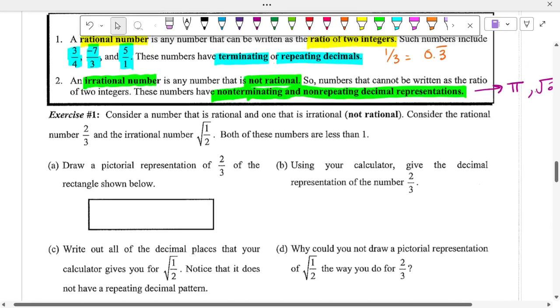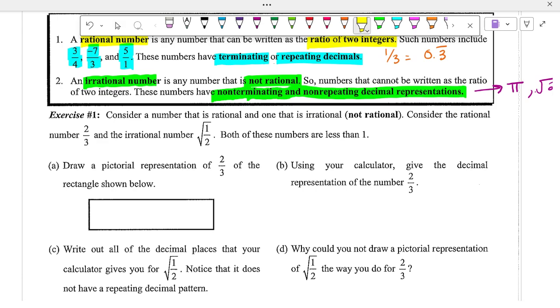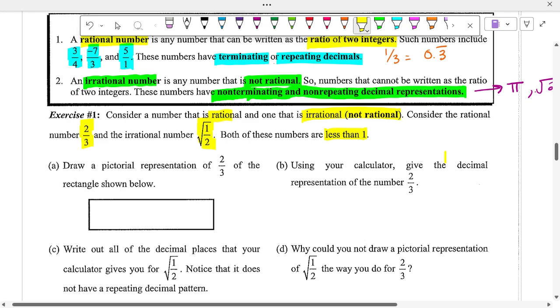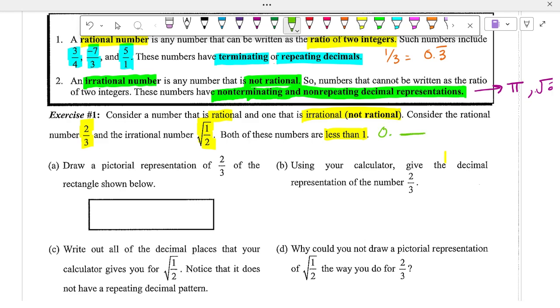So let's consider a number that is rational and a number that's irrational. Let's look at 2/3 versus the square root of 1/2. Both of these numbers are going to be less than 1, so as a decimal, they'll be written as 0 point something.